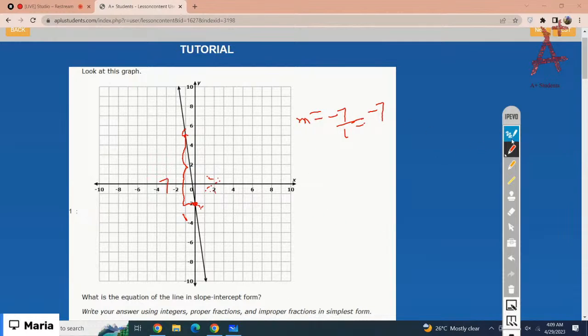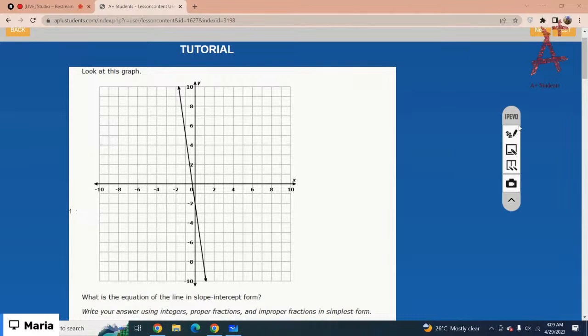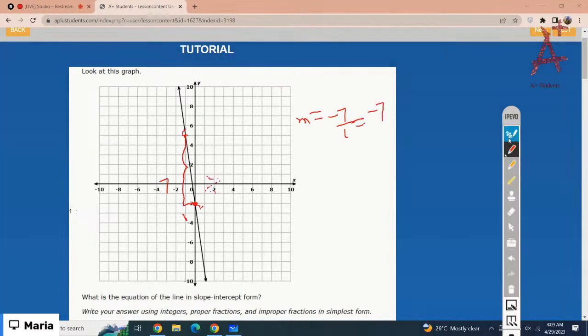Also, you can find the coordinates of these 2 points and find the slope using the coordinates. Like we already know how to calculate the slope. Just select the 2 points. The first point is 0, -2 and this one is x is -1 and y is 5.